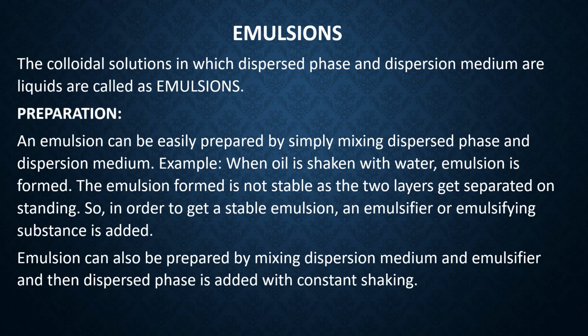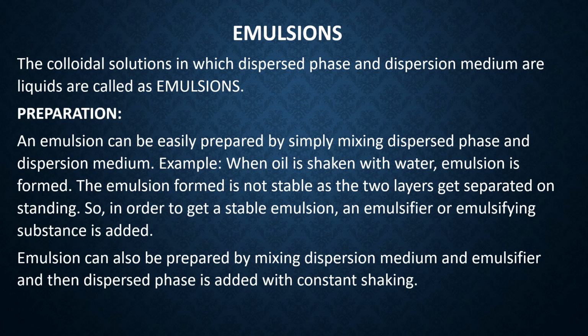Okay. So in order to get a stable emulsion, what should be done? We should add an emulsifier, which is also called an emulsifying substance. An emulsion can also be prepared by mixing the dispersion medium and emulsifier, and then the dispersed phase is added with constant shaking.